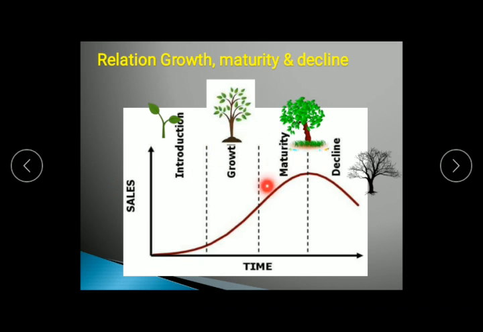In the maturity stage you get the fruit from the plant, so that is the maximum profit. And in the declination phase you have to face the maximum loss, or you cannot get the desired fruit from the product. So this is the product life cycle.